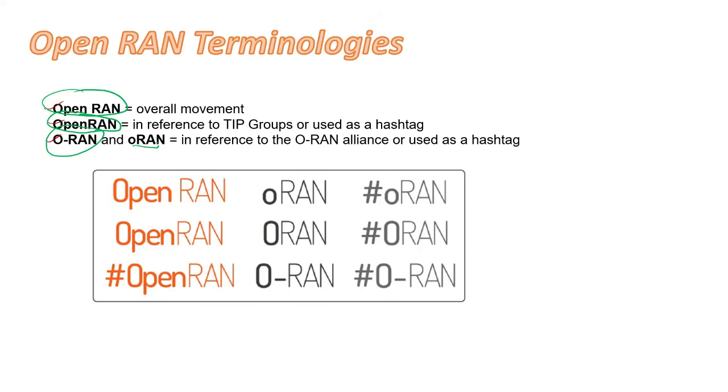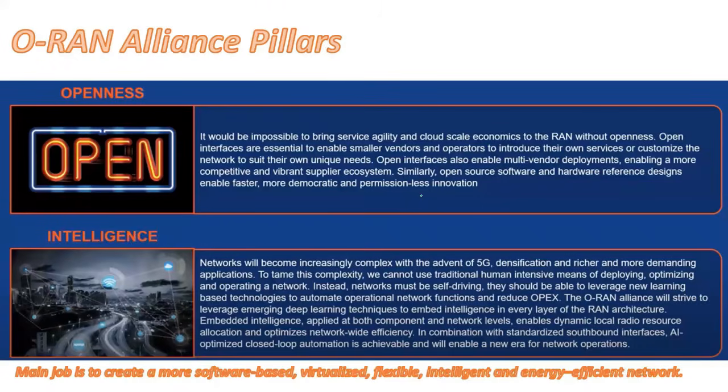O-RAN can also be used to refer to the open RAN movement, but O-RAN with a hyphen always means the O-RAN Alliance. The hashtag O-RAN can also be used on social media like Facebook and LinkedIn to refer to the O-RAN Alliance or the Open RAN movement.